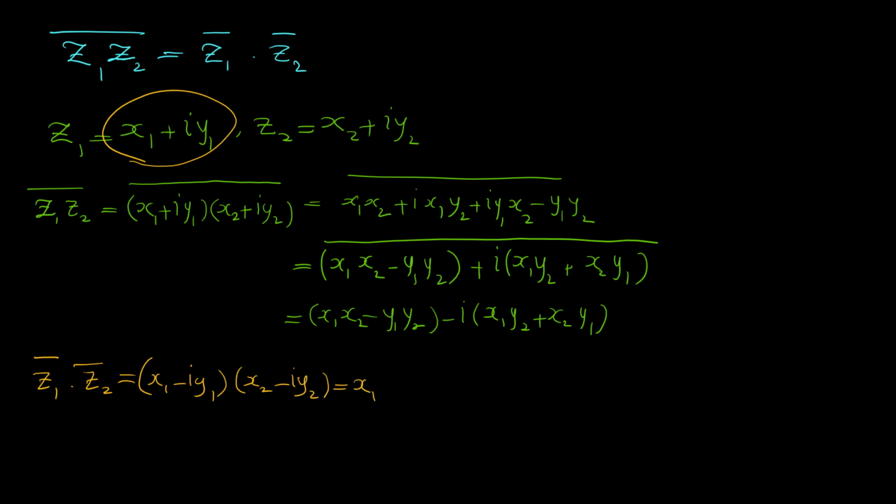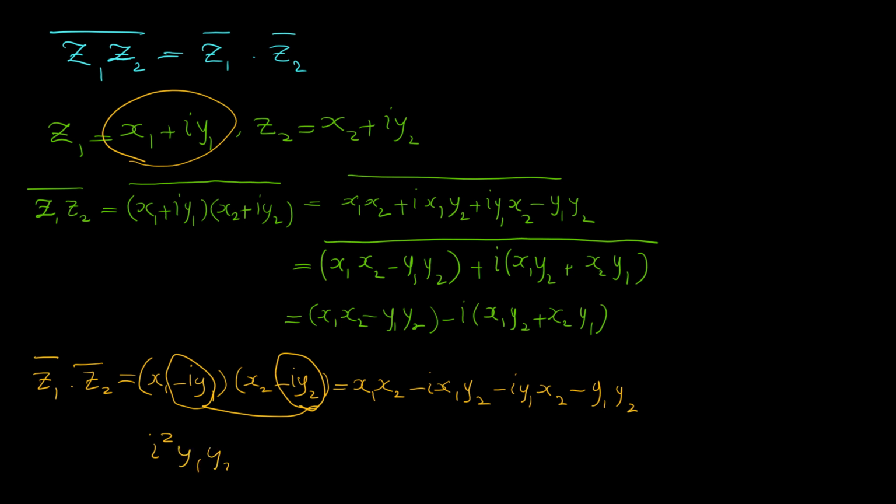Multiply the brackets, then we have x1 x2 minus i x1 y2 minus i y1 x2, and minus i y1 times minus i y2 would be plus i squared y1 y2. And i squared is negative 1, so we have minus y1 y2 again.